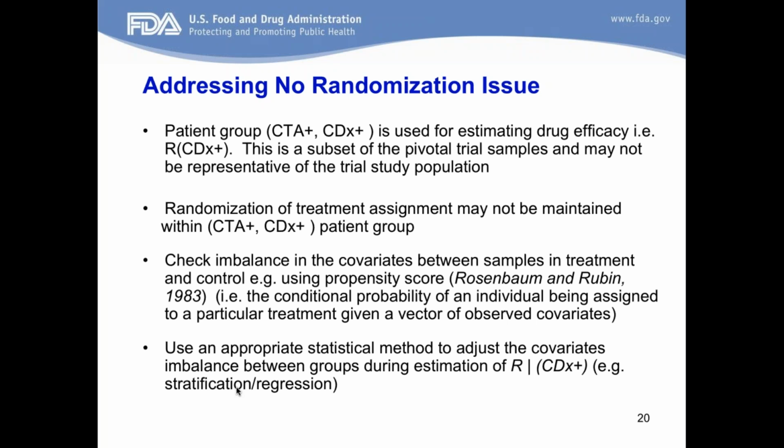So check the imbalance in the covariates between the treatment and control groups, and use an appropriate statistical method to adjust for the covariates when you estimate the drug efficacy in the CTA and CDx double positive group.